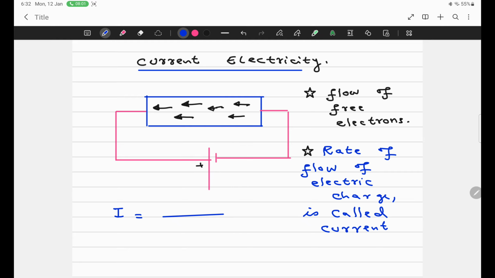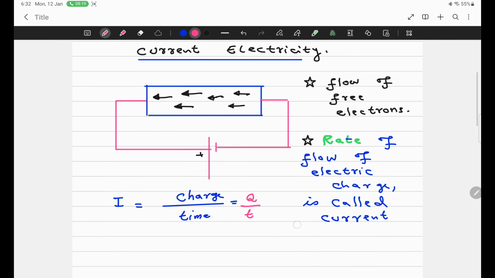In IGCSE, we have studied rate means divided by time. This is the rate of flow of charge, so its formula is Q upon T, Q for quantity of charge divided by time.